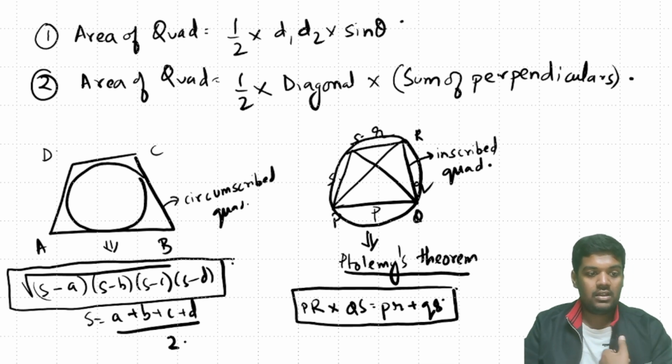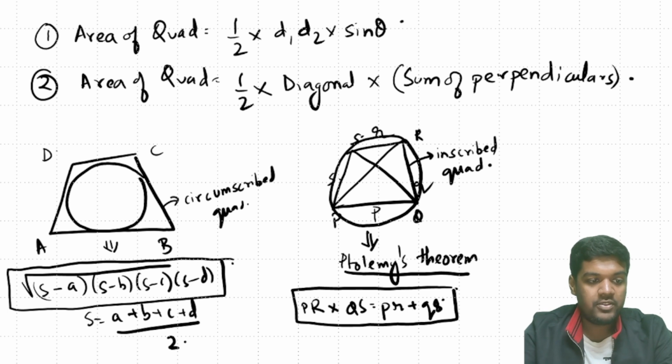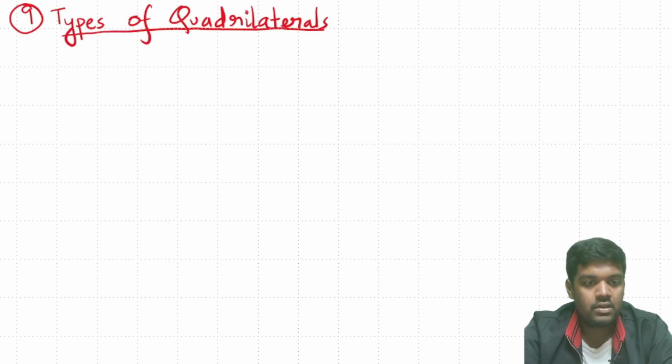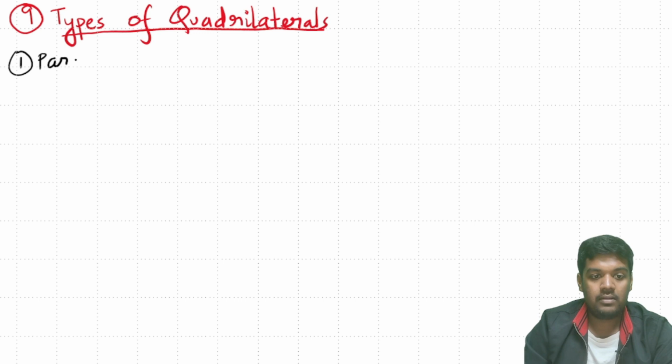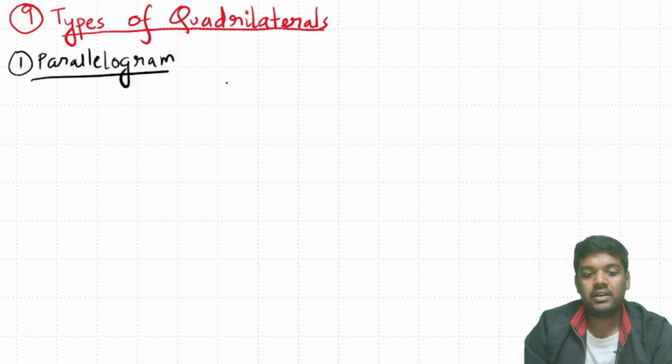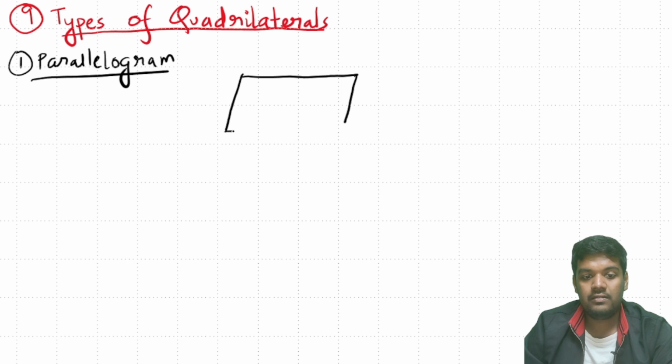Right. Now let's see the types of quadrilaterals. Okay. So here we have several types of quadrilaterals. Let's start with parallelogram. So parallelogram में we have a quadrilateral.